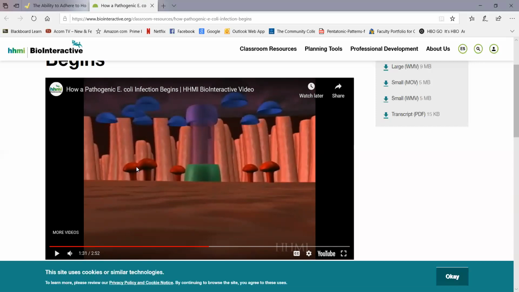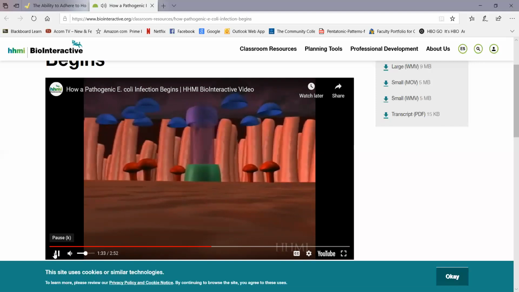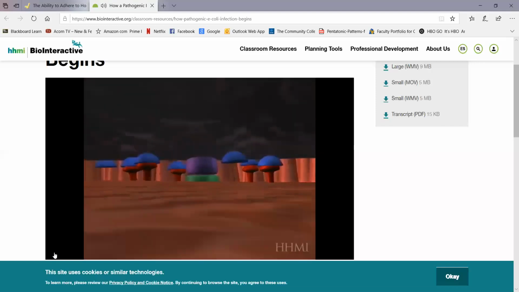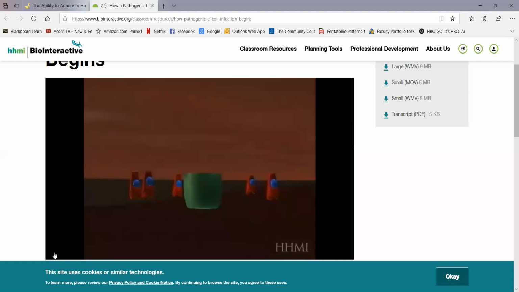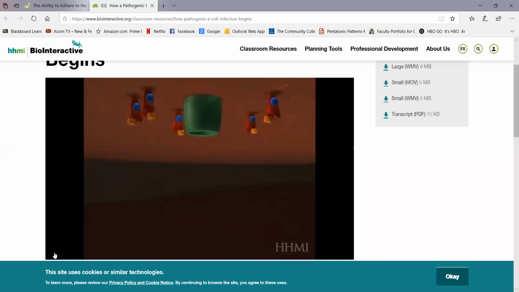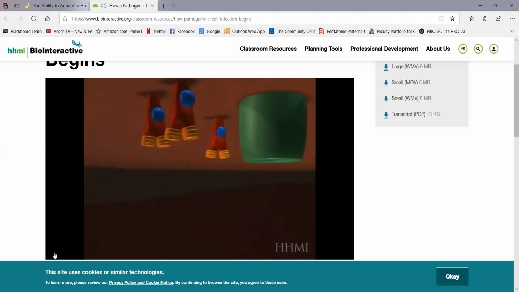So initially at the beginning, we didn't see the pili or adhesins or any of that because the E. coli is actually going to cause the host cell to develop adhesin receptors for the adhesins by using its type 3 secretion system. So this is polymerization of actin.